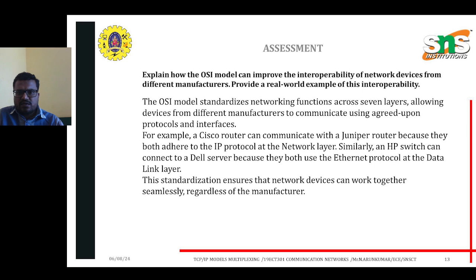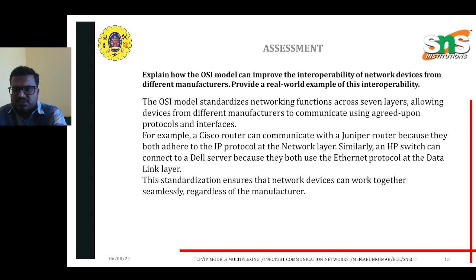Assessment: explain how the OSI model can improve the interoperability of network devices from different manufacturers. Provide a real-world example of this interoperability. The interoperability model is defined by the OSI model. The OSI model standardizes the networking functions across the 7 layers, allowing devices from different manufacturers to communicate using different protocols and interfaces.